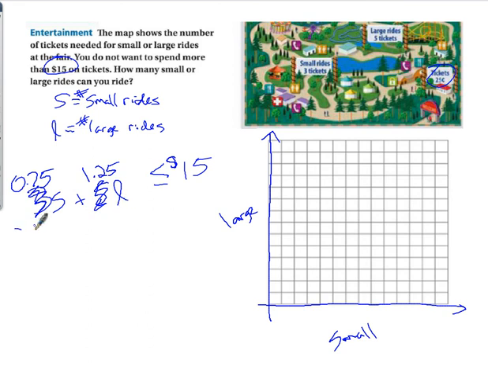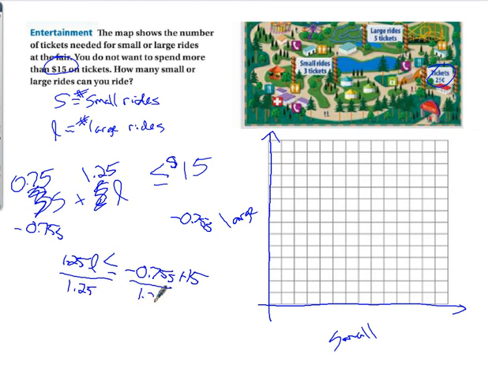So I'll subtract 0.75s from both sides. And I have 1.25L is less than or equal to negative 0.75s plus 15. And then divide everything by $1.25. And we have L is less than or equal to, it stays less than or equal to because I didn't divide by a negative number.